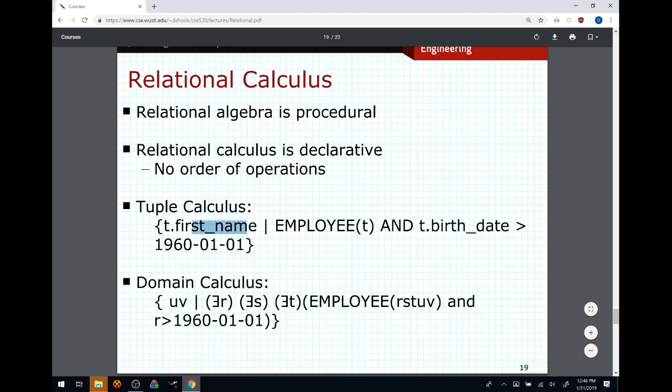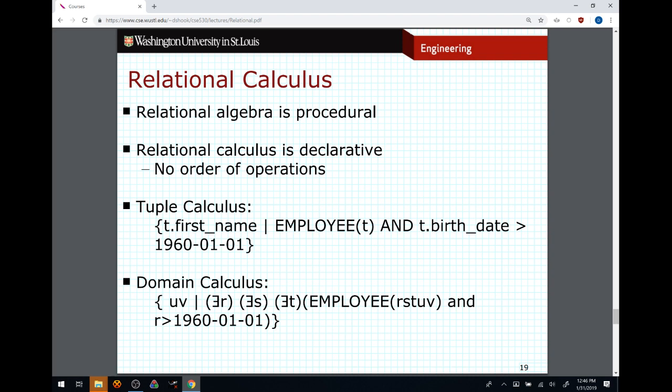So T, give me the first name of all the tuples from the employee relation that have a birth date after 1960. This is a more or less equivalent query written in what's called domain calculus, which is a slightly different way of going about it. Basically, we're saying which variables we care about and which ones we don't really care about. So here, when I say there exists RST, you'll notice that the way I've defined a tuple is a lot more explicit.